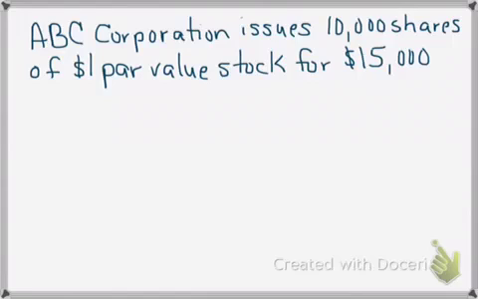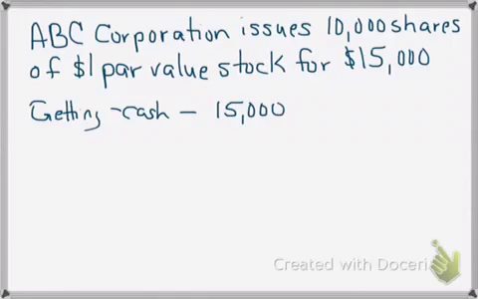What we do when we issue shares is we have to look at what are we getting. So in this particular case, we are getting cash, and it is going to be for $15,000. We then have to look at what our par value or stated value is, if they have a par or stated value.